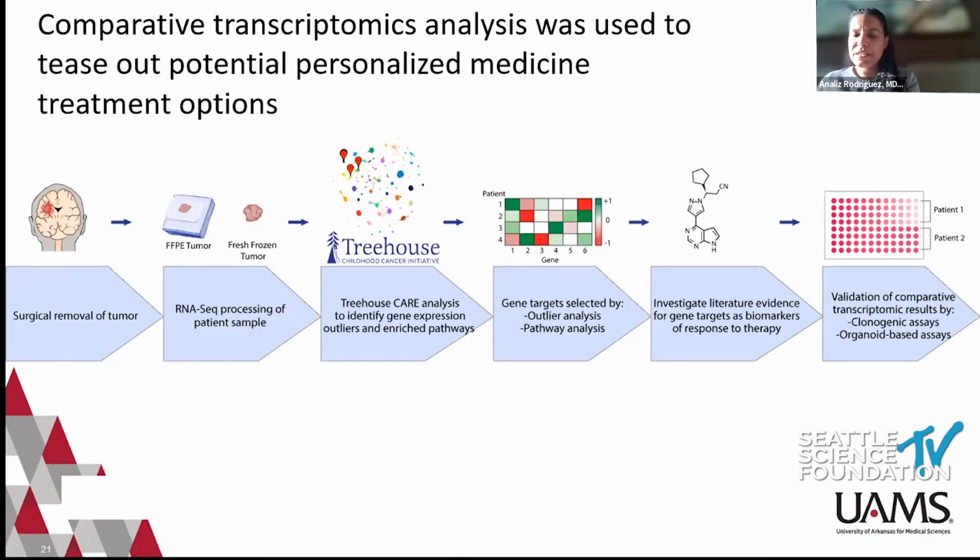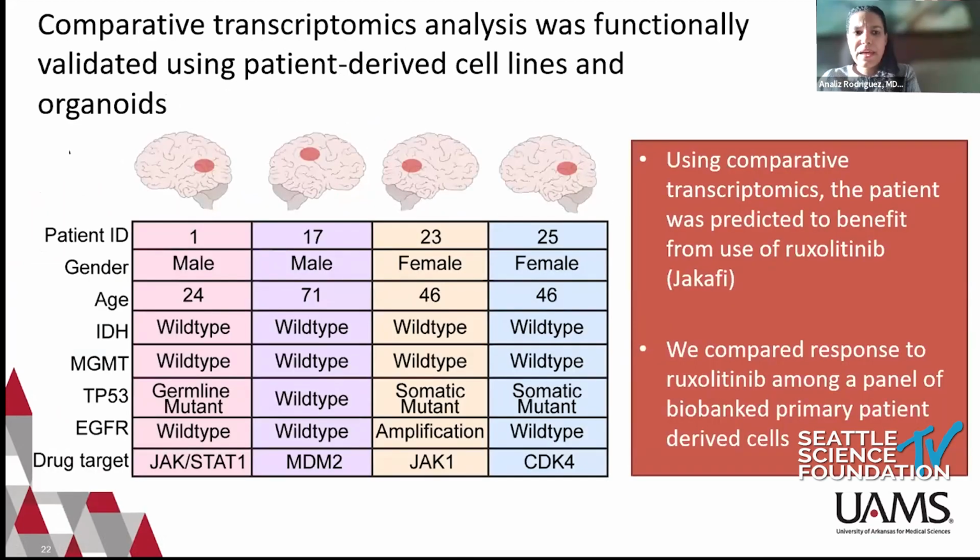And then in my lab, we had his tissue. We developed an organoid system where we can actually screen those potential targets. So here is the patient of interest. We did his comparative transcriptomics, which identified that the JAK-STAT pathway was an outlier and potentially could be targeted with the drug ruxolitinib. We also took other patients from our tumor bank and found what potential targets they had.